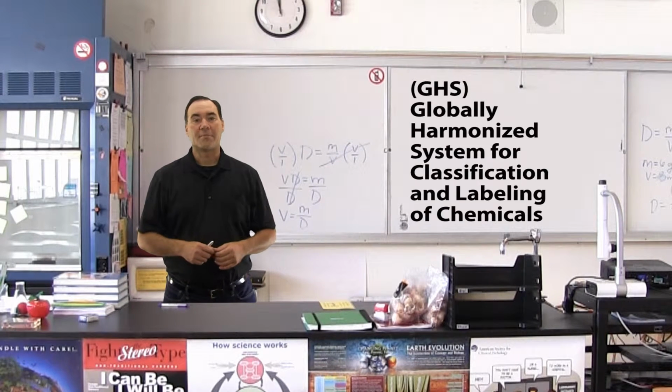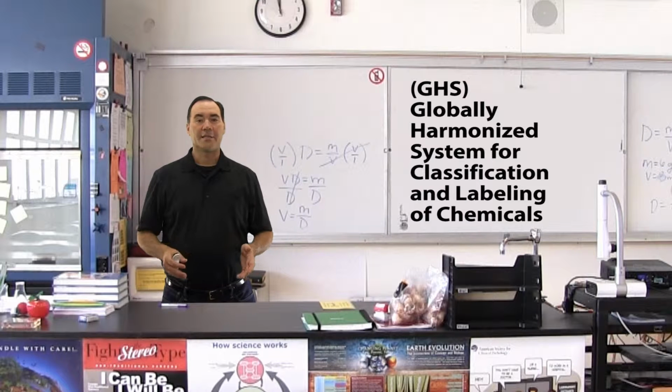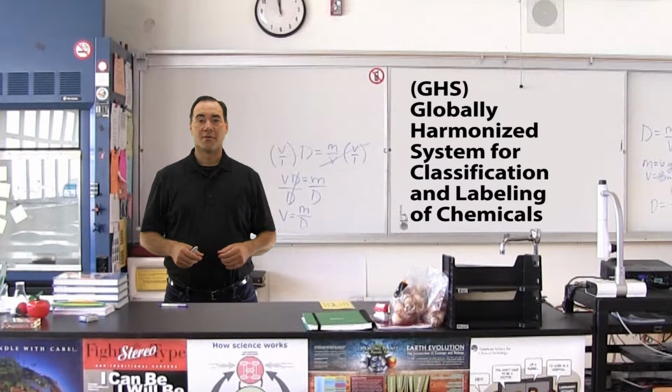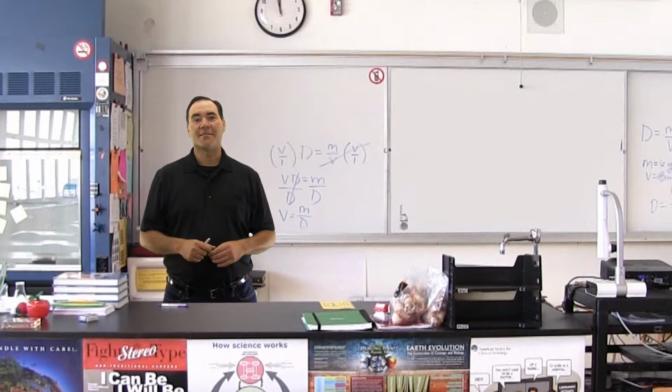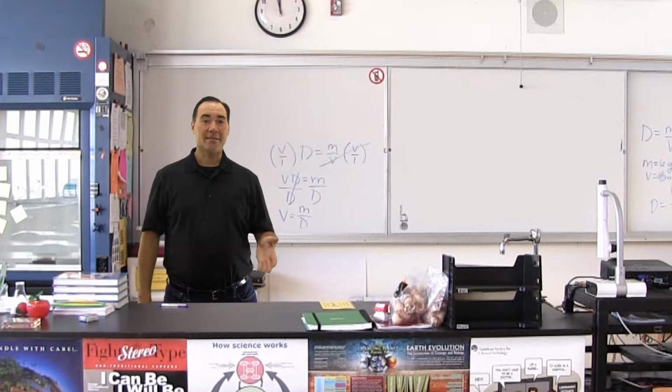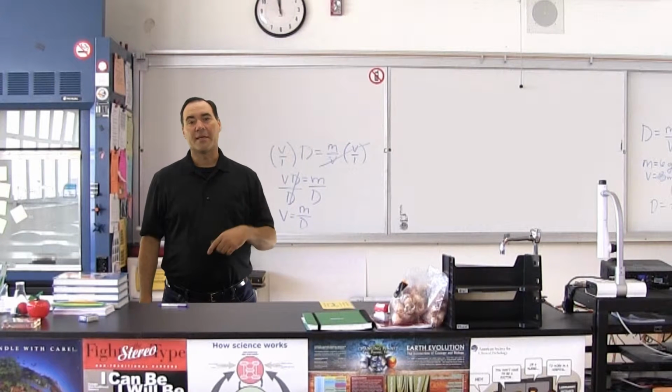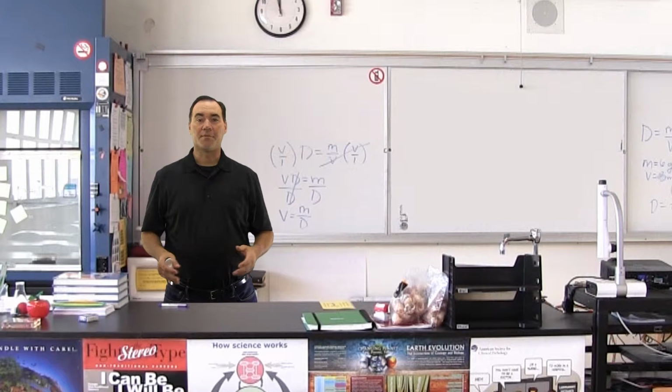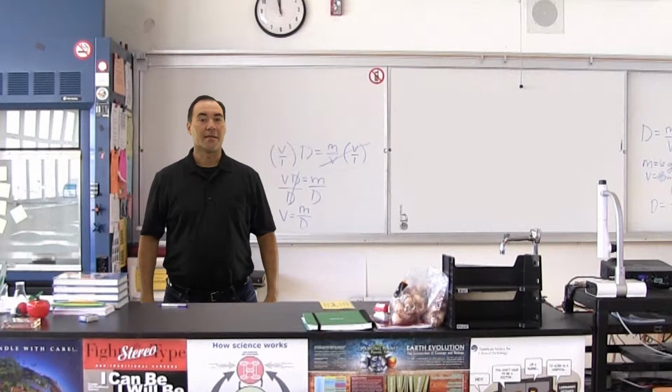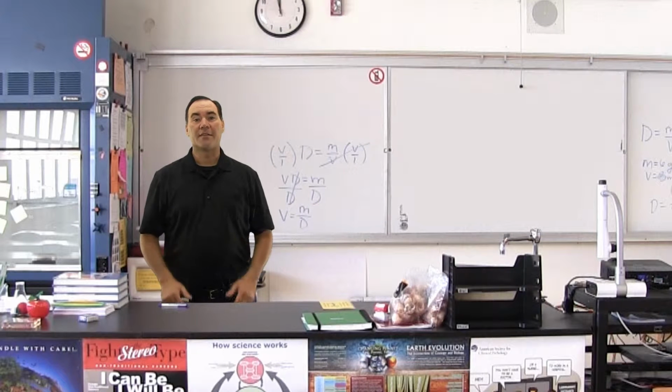Recently, California adopted the globally harmonized system for classification and labeling of chemicals known as GHS. GHS is part of the Hazard Communication and the Chemical Hygiene Plan and is being implemented in phases over the next couple of years. By June of 2016, GHS will be in full effect, requiring everyone to be trained on any new chemical hazards, secondary labeling, and the new safety data sheet format.